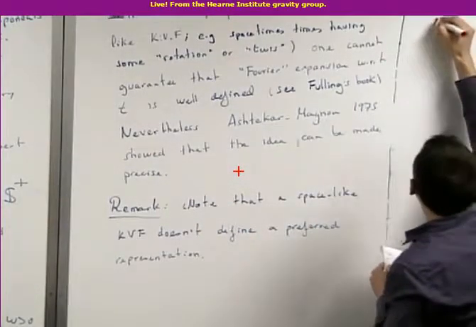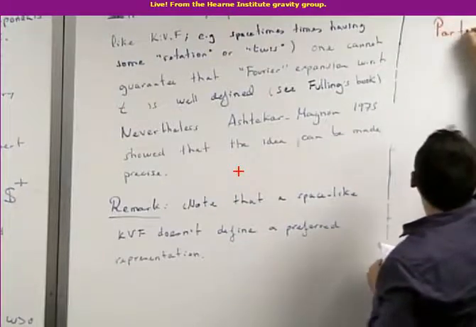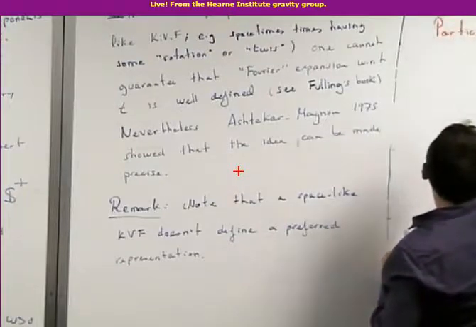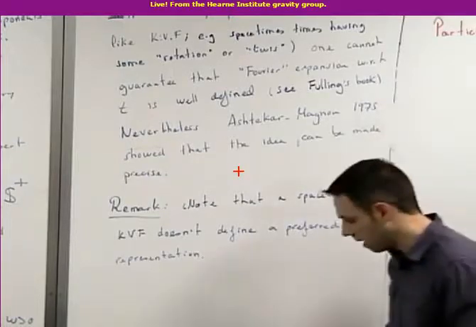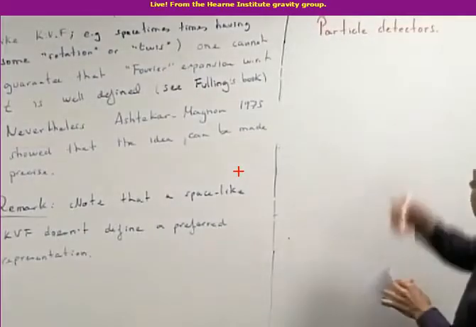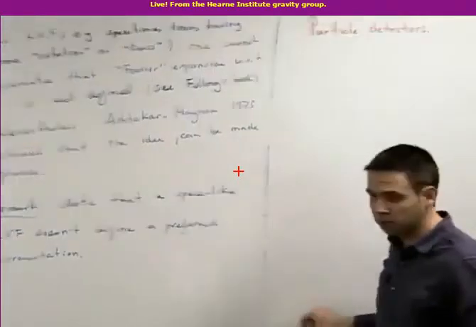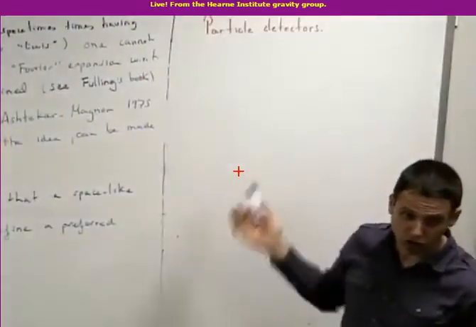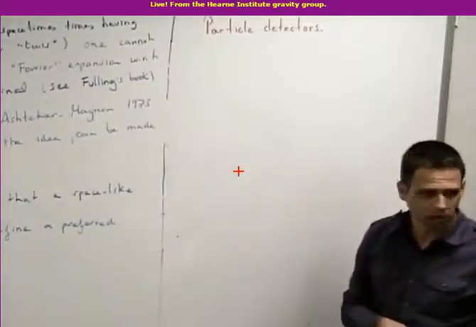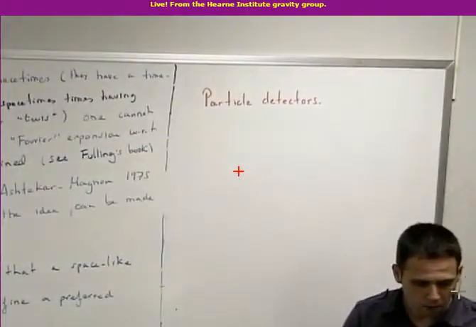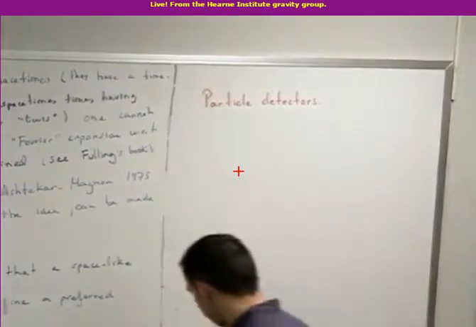So where I want to spend more time is on what we call particle detectors. Normally, this is introduced in the chapter on the Unruh effect, but the notion is more general, so let me introduce it here and then use it in the Unruh effect.